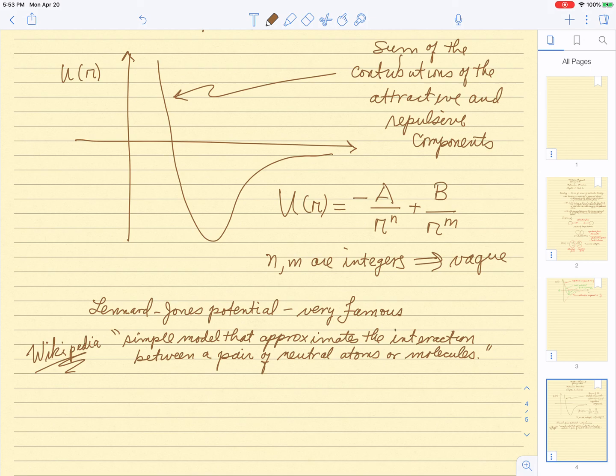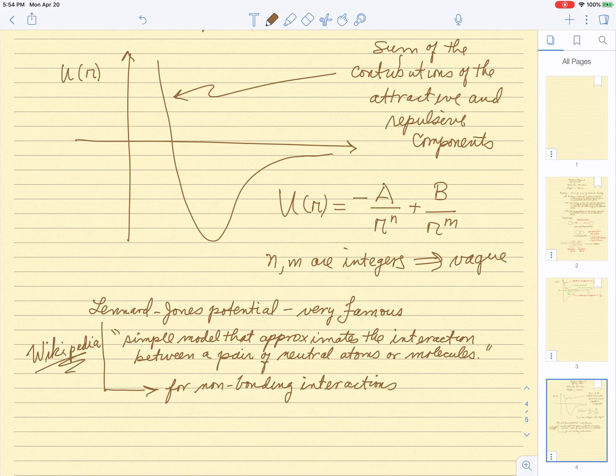I want you to be cognizant that this is for non-bonding interactions. But what's important here is that clearly we laid out a potential earlier that was certainly a model for bonding interactions.